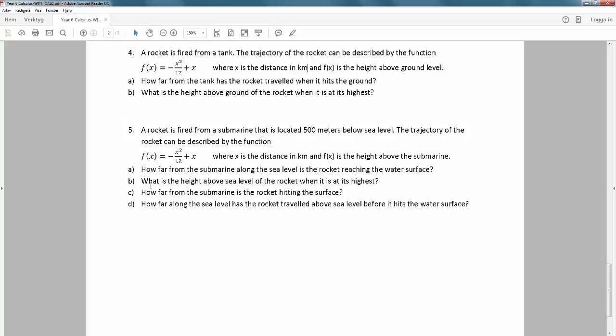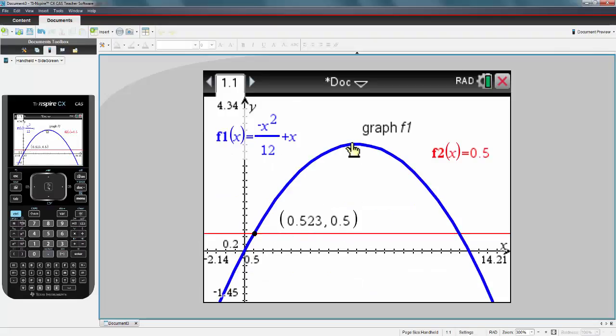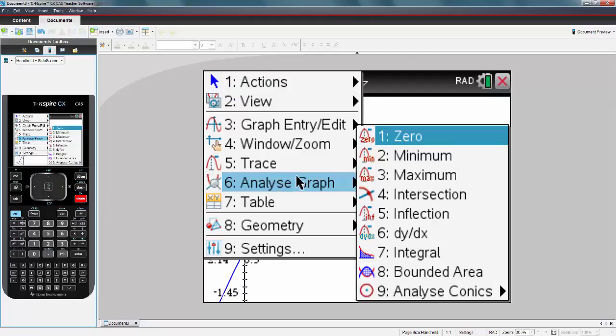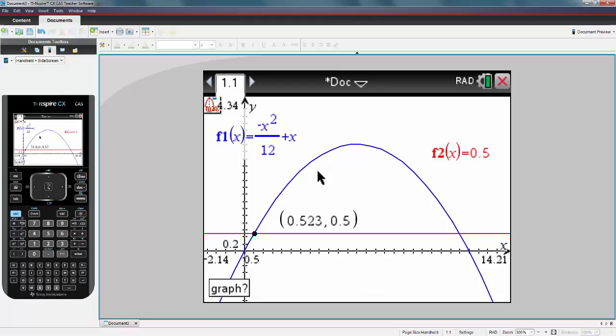B question. What is the height above sea level of the rocket when it is at its highest? Once again, we can find the maximum to start with, but that's not going to be our answer. Maximum. First, it asks us which graph. So since we have this graph and this graph, we first have to click on the blue F1. And then we say the lower bound and the upper bound.